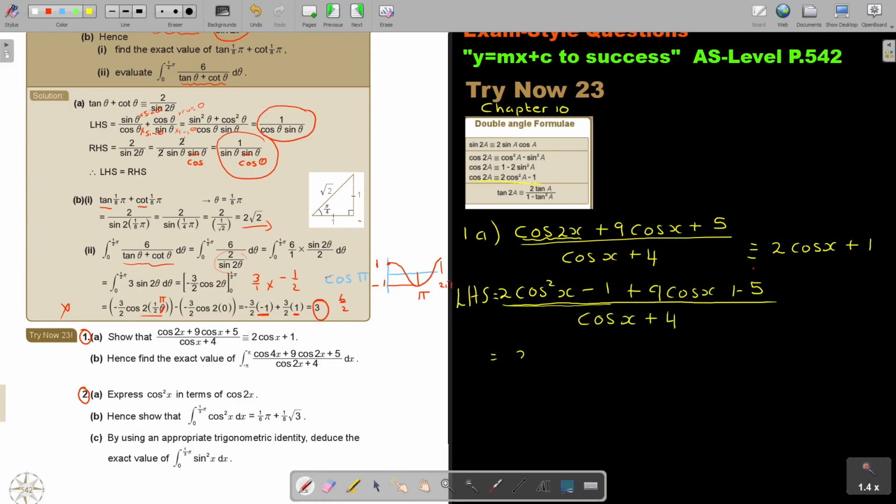And now it's going to be 2 cos squared x plus 9 cos x, plus 5. Okay, so it's going to be plus 4 over cos x plus 4. Okay, and now I'm just going to factorize.